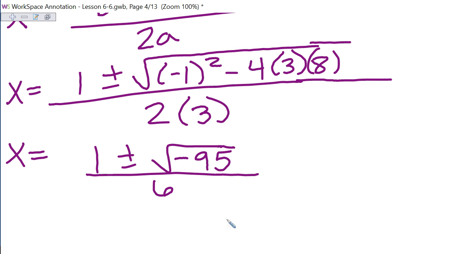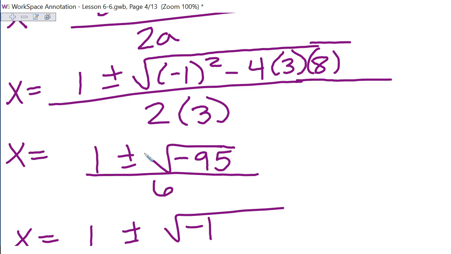After you get it down to your 3 numbers, next part is simplify your radical. So can we simplify the square root of -95? Yes. If it's negative, what should be the first factor we write? -1. Is there a perfect square for 95? Does 4 work? Does 9 work?